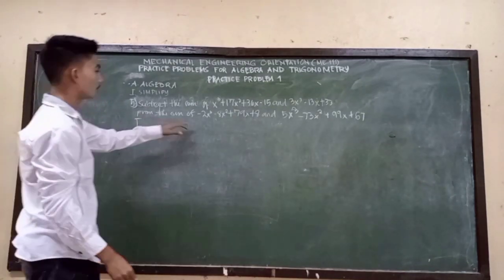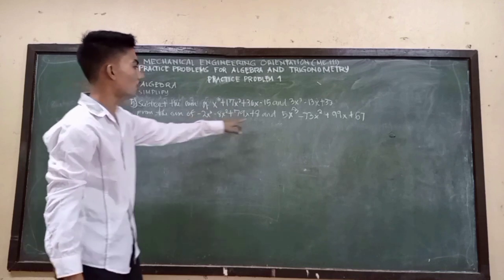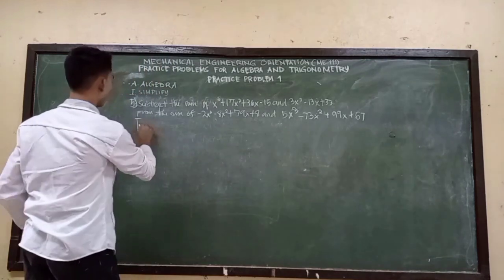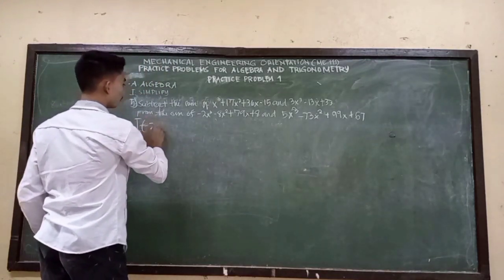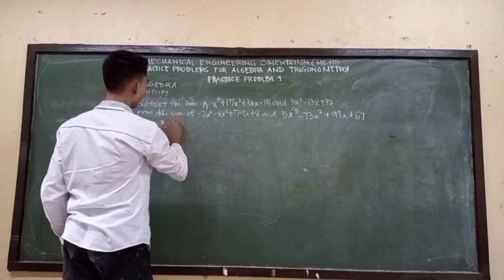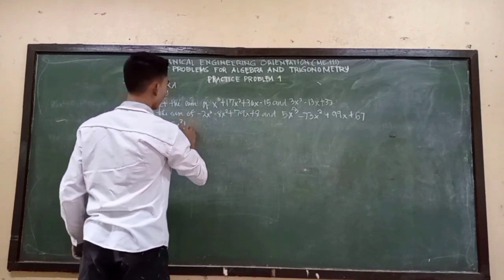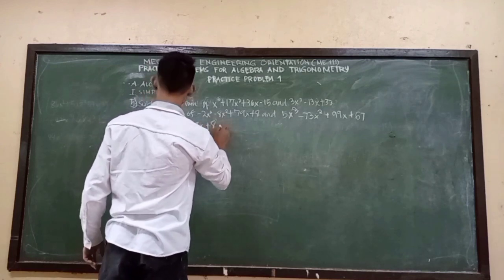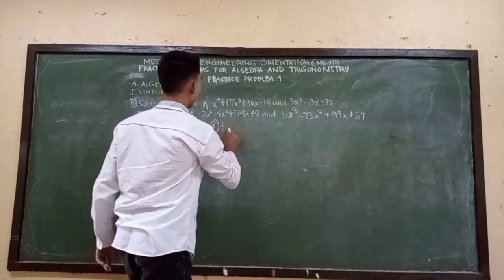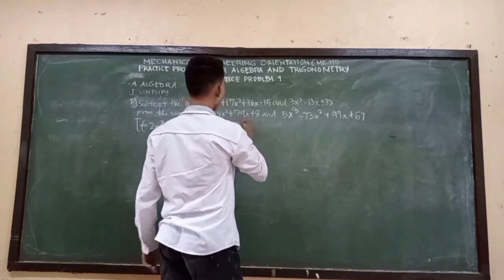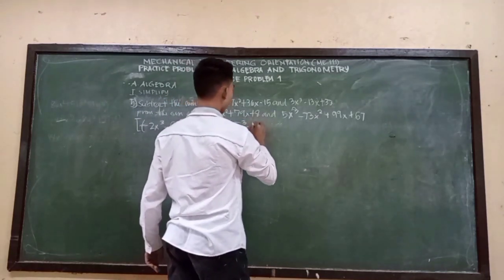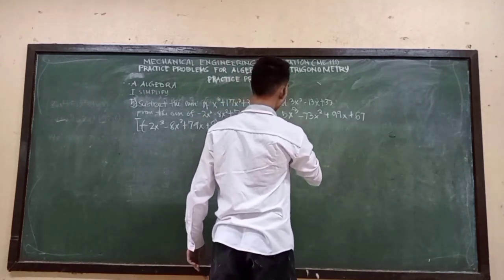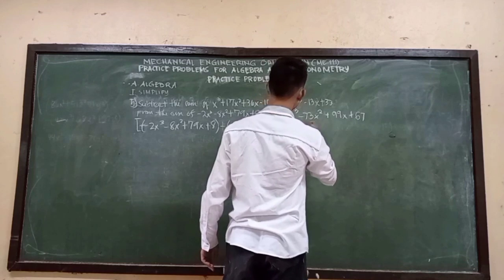So we first need to get the sum of these two terms. Negative 2x cubed minus 8x squared plus 79x plus 8, add with 5x cubed minus 73x squared plus 99x plus 67.